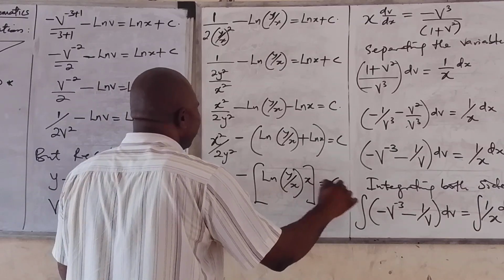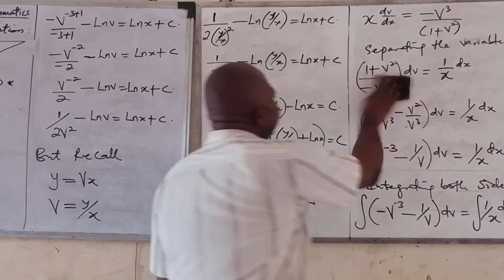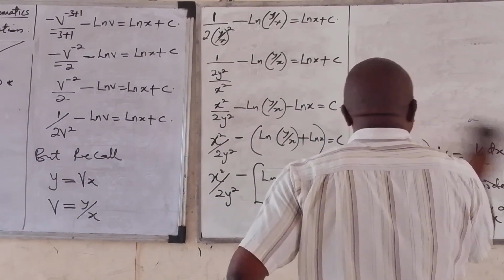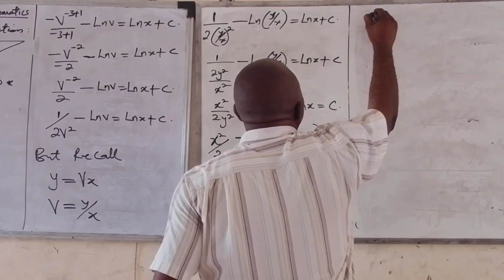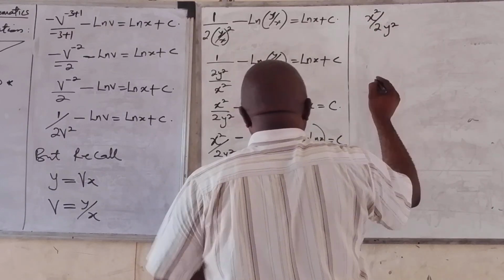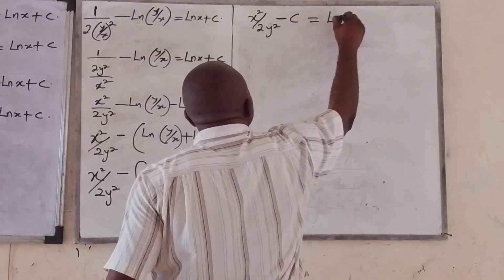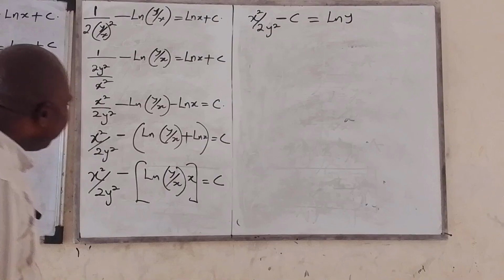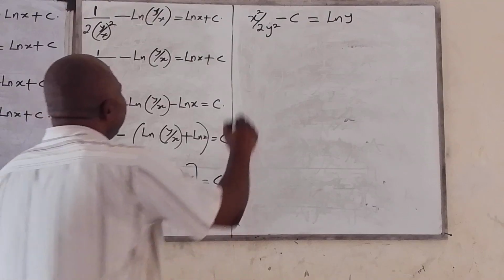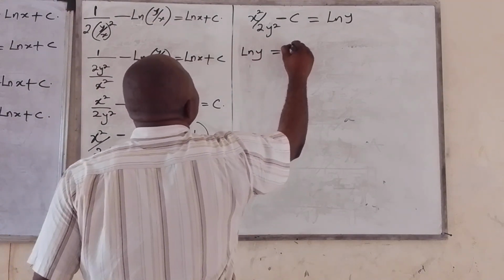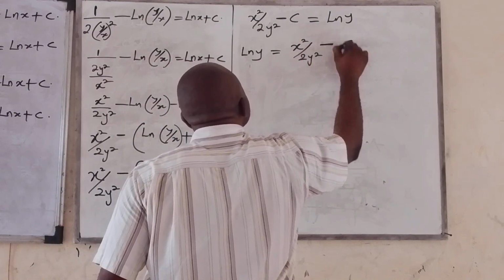Now the whole of this is equal to c. So x squared all over 2y squared minus c is equal to ln y, because this x will cancel this x. So it means here we have ln y is equal to x squared all over 2y squared minus c.